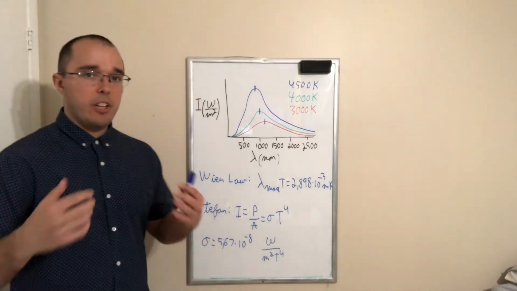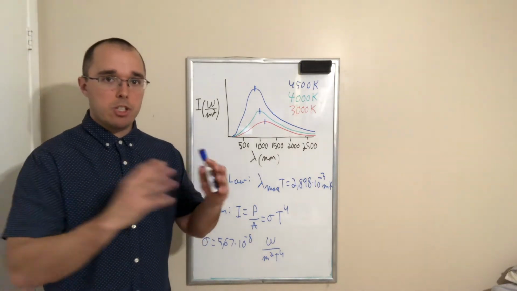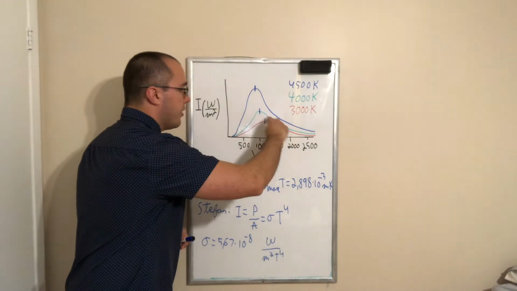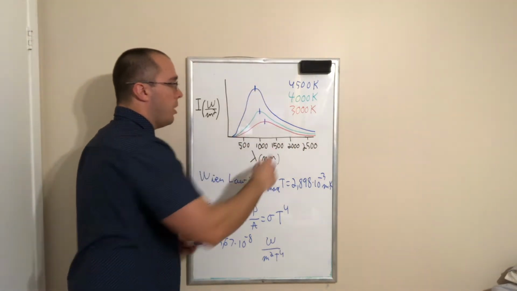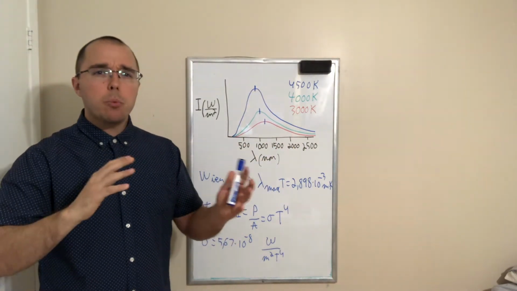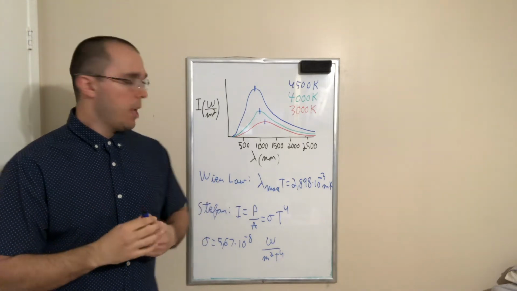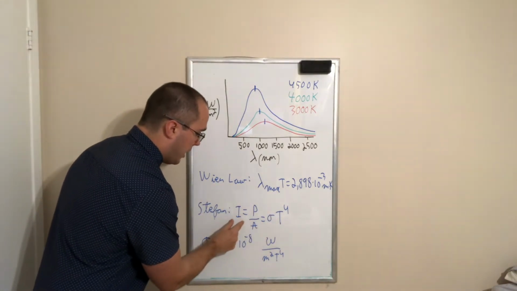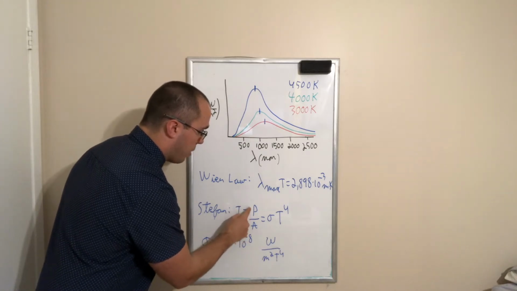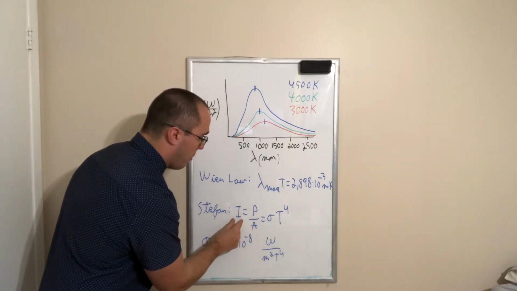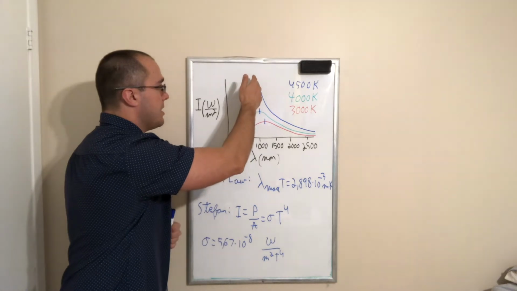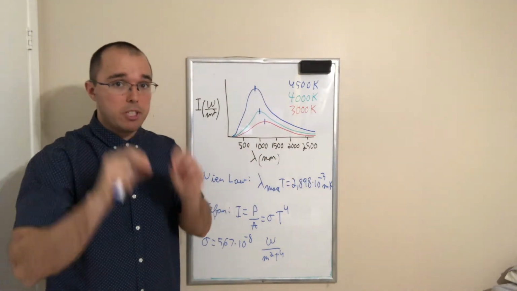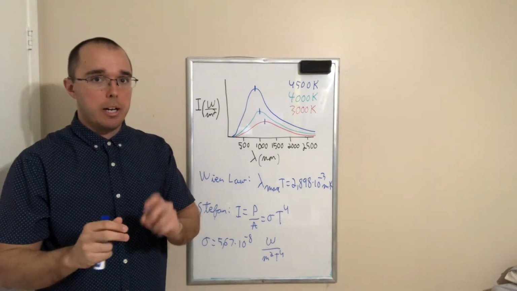Basically what Stefan noticed when he was studying black bodies is that the area under the curve of each different black body at different temperature was roughly the same. And basically he made this relationship over here. And keep in mind the intensity is the power divided by the area. It's the complete intensity. It's not just the intensity at a certain wavelength. It's all the intensity emitted by this particular black body.